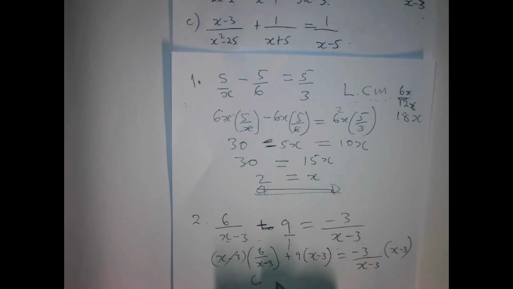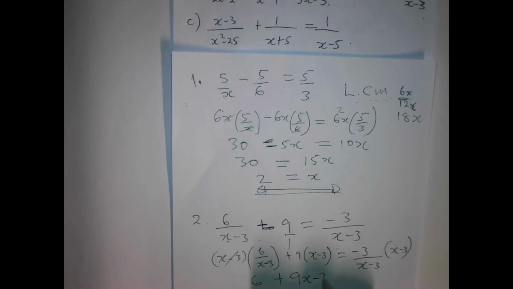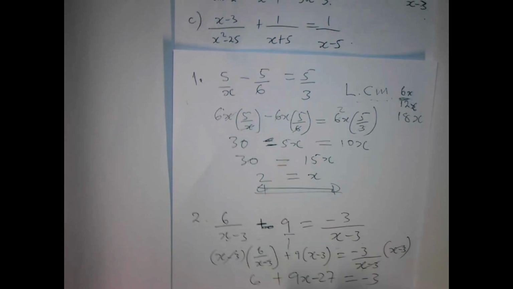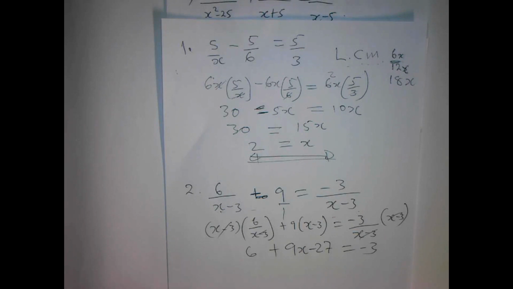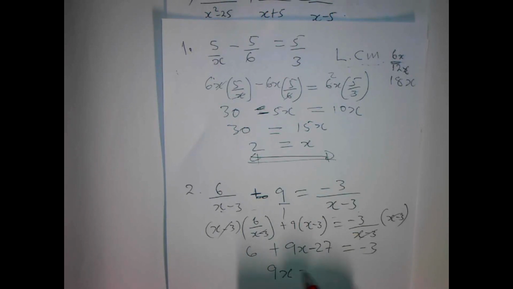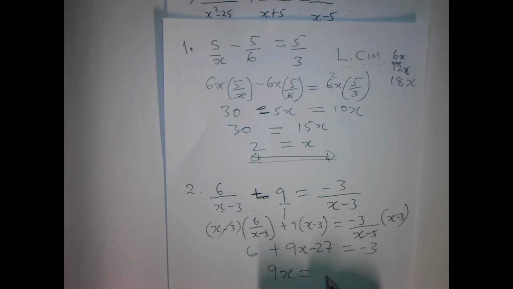So this will cancel, we get 6, plus here we can expand, 9x minus 27 is equal to minus 3. So we collect like terms, in other words those terms with x. So we will have 9x is equal to minus 3 plus 27.